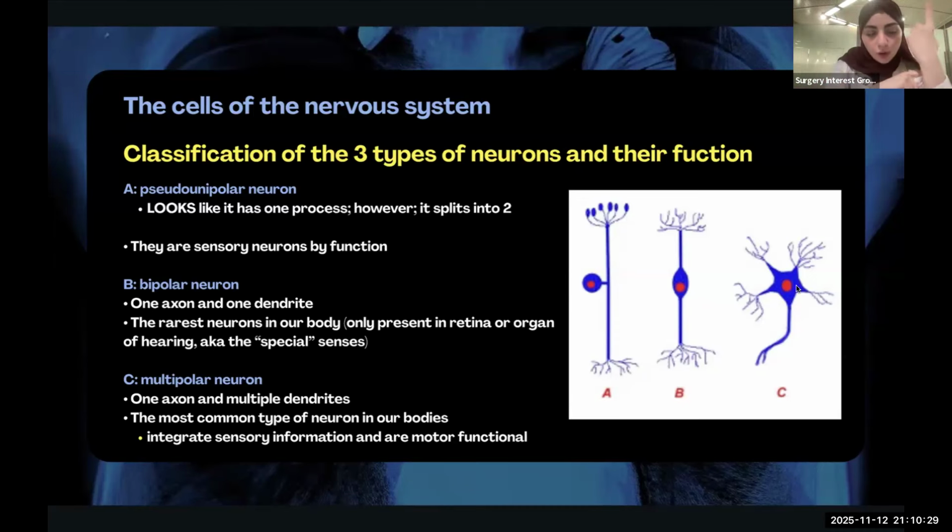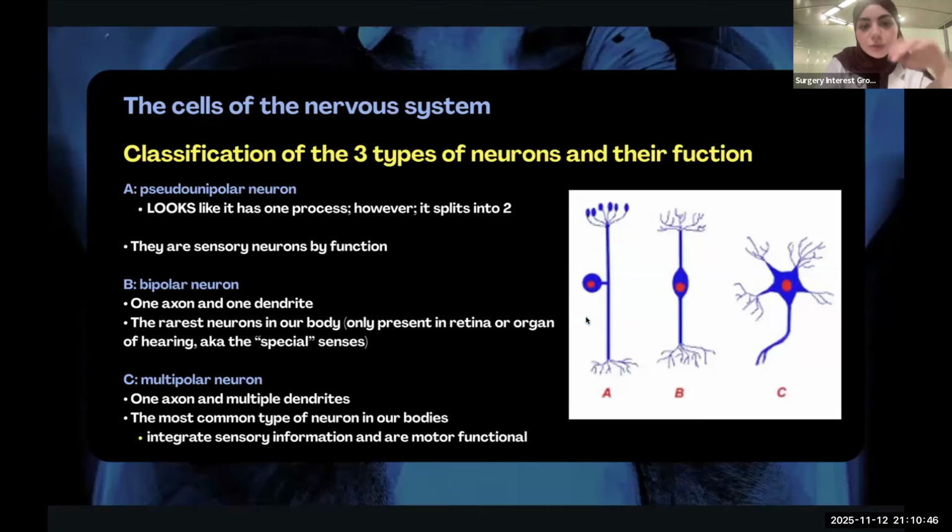If I were to have one pole, this means that it will be unipolar. Here, I want you to follow with A. Here I have the cell body and one pole, right? But then it will start dividing into two different directions, which means it looks like it's unipolar.